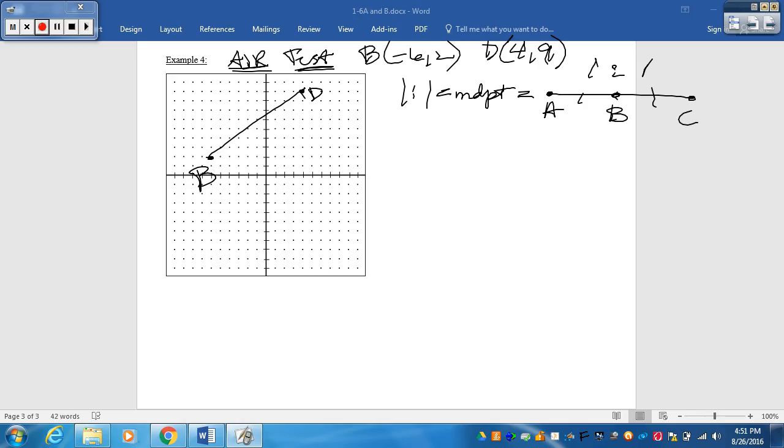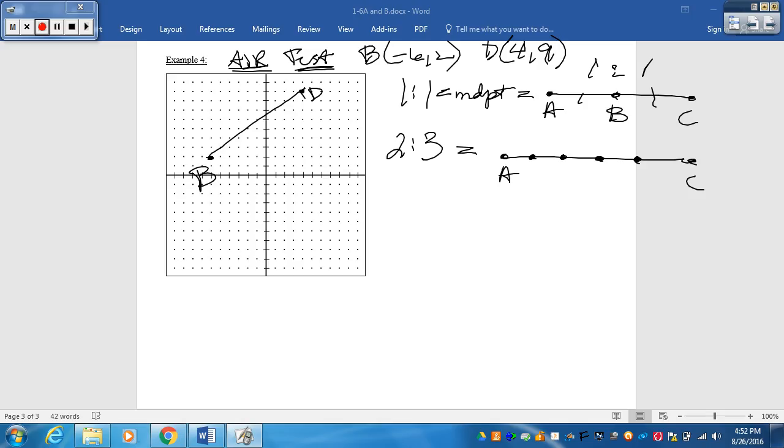If I was to go ahead and say, we're going to break this up in a ratio of 2 to 3, now what it would be, and I'll try to make this look as accurate as possible, if this were A and C, let's see here, 1, 2, 3, 4, so 1, 2, 3, 4.